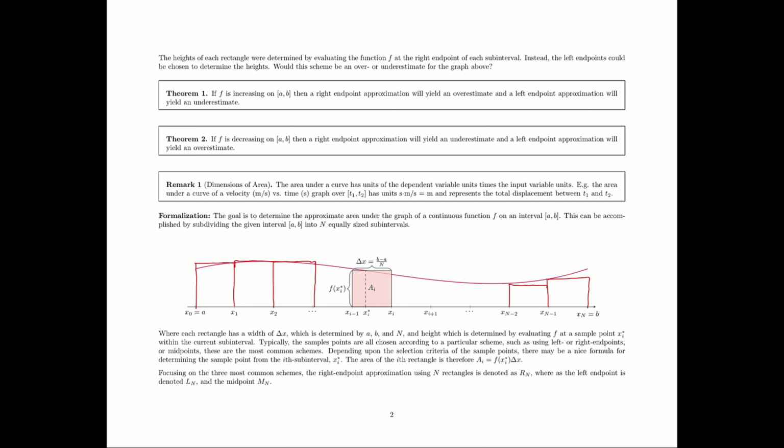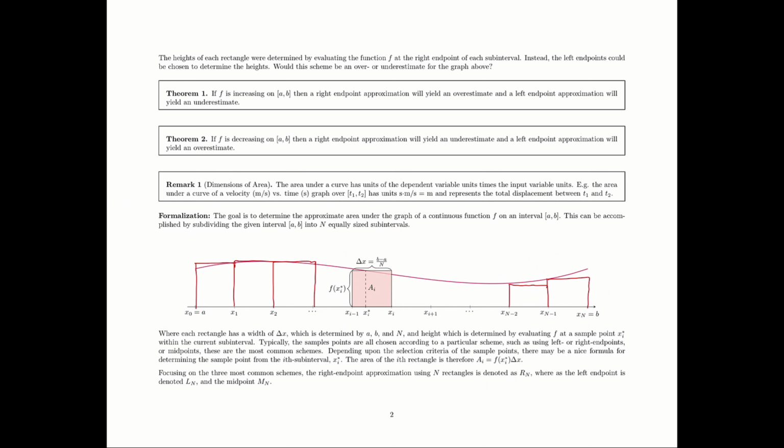Whatever point you choose to determine the height, we're going to call that x star. So the sample point in the ith interval would be x star sub i. We plug this into our function, and that gives us this distance here. So it's this distance here times this distance here, which gives us the area of our rectangle.